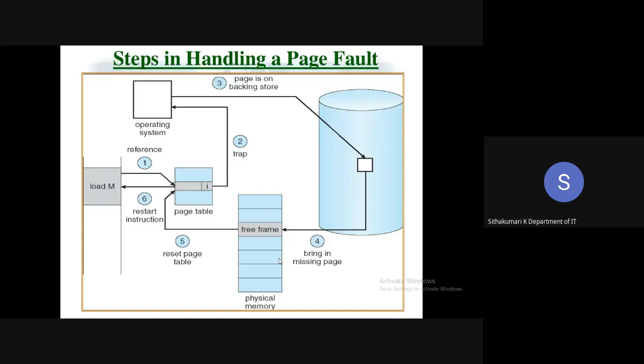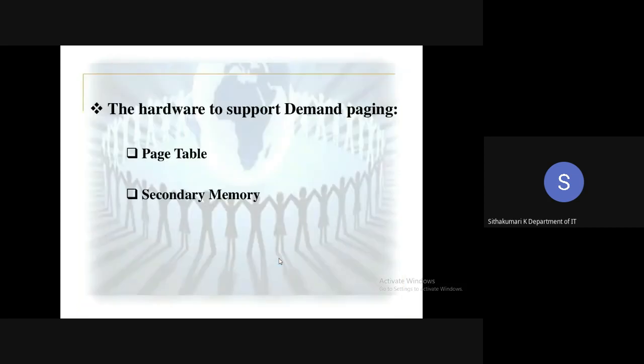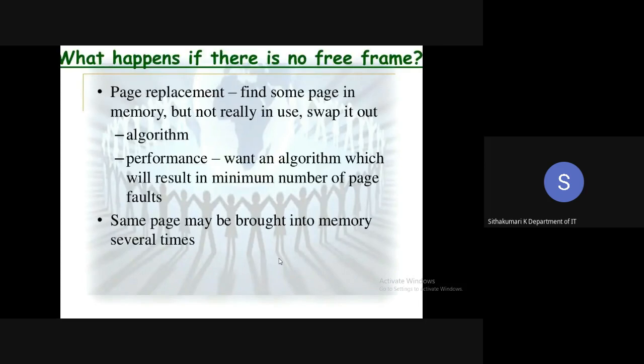So these are the 6 steps that you need to follow when a page fault occurs. As I told you, the hardware support is the page table and the secondary memory. As long as you have free frames, well and good: you can select a free frame, load into that frame and continue.